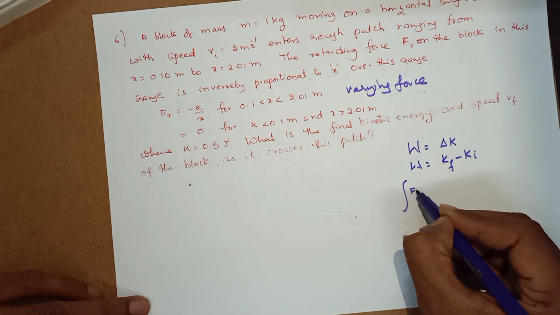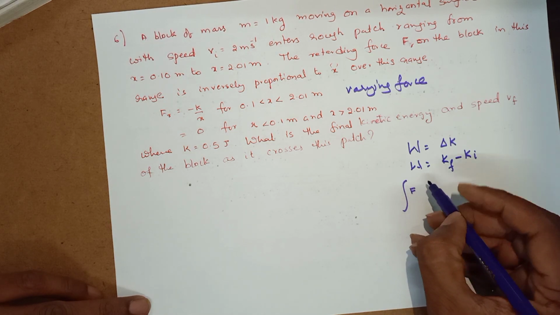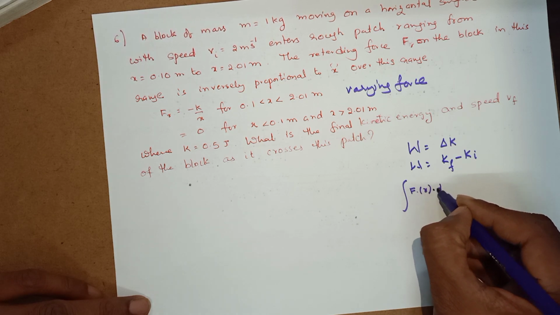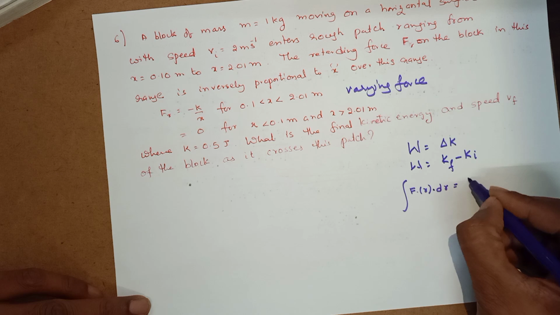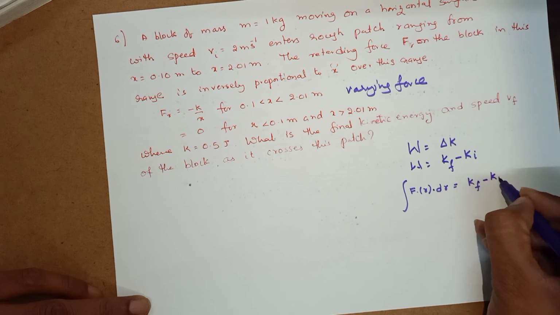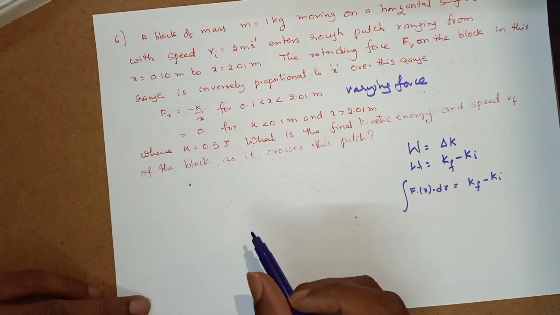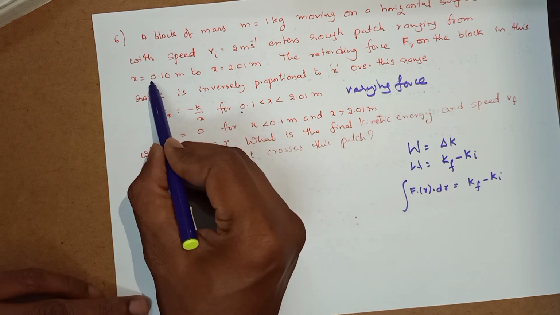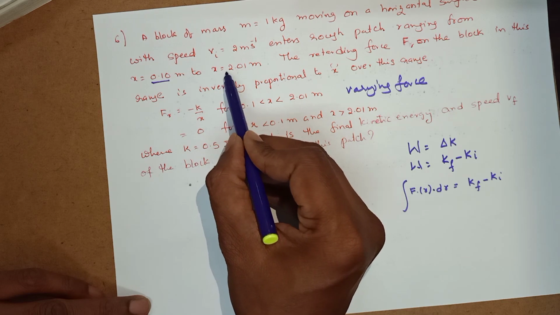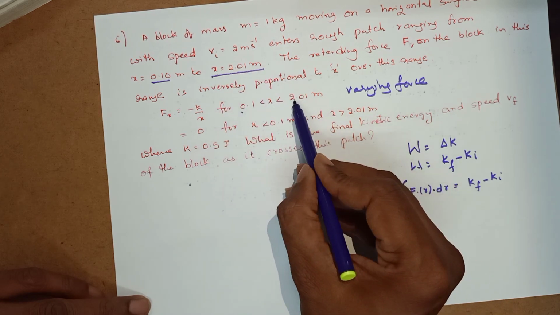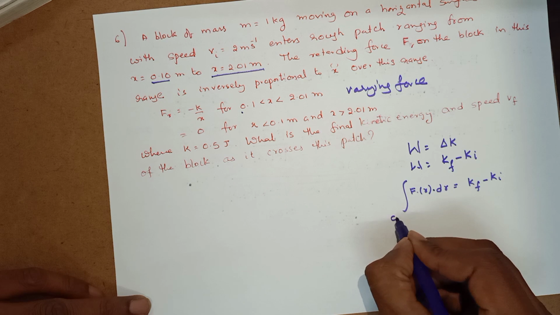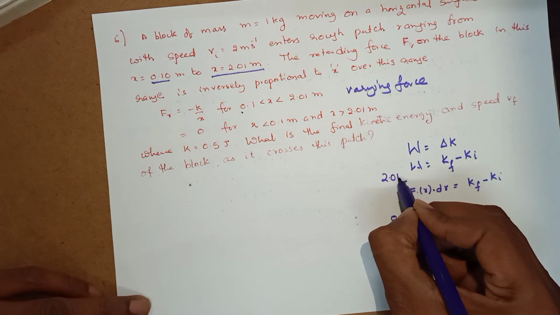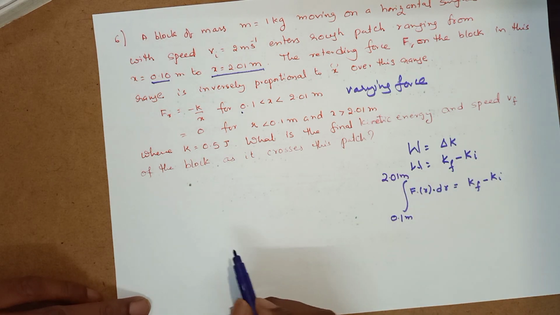Integral of F of r into dr is equal to Kf minus Ki. Here the rough patch is starting from 0.1 to 2.01 meters. So the limits are also 0.1 meter to 2.01 meters.